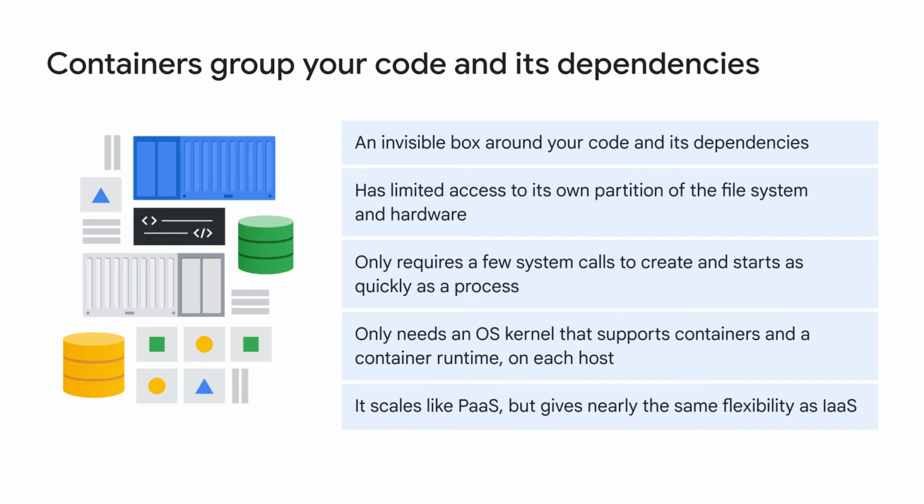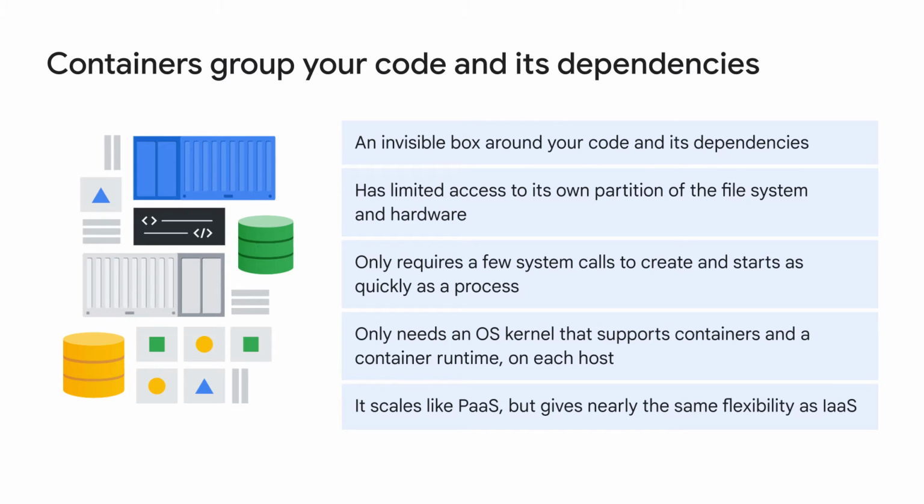A container is an invisible box around your code and its dependencies, with limited access to its own partition of the file system and hardware. It only requires a few system calls to create, and it starts as quickly as a process. All that's needed on each host is an OS kernel that supports containers and a container runtime. In essence, the OS is being virtualized.